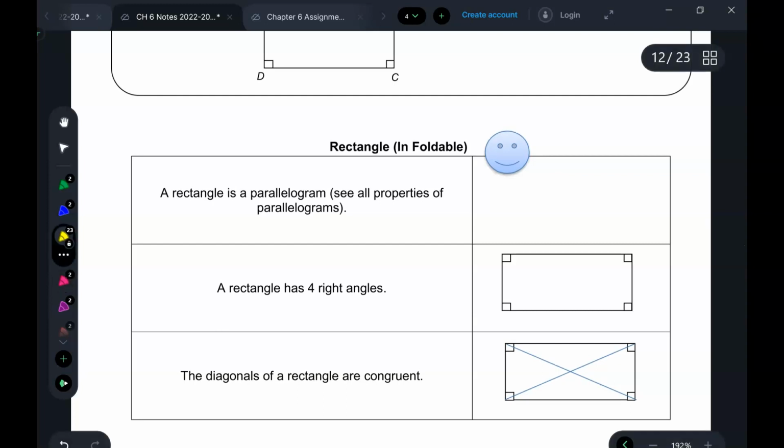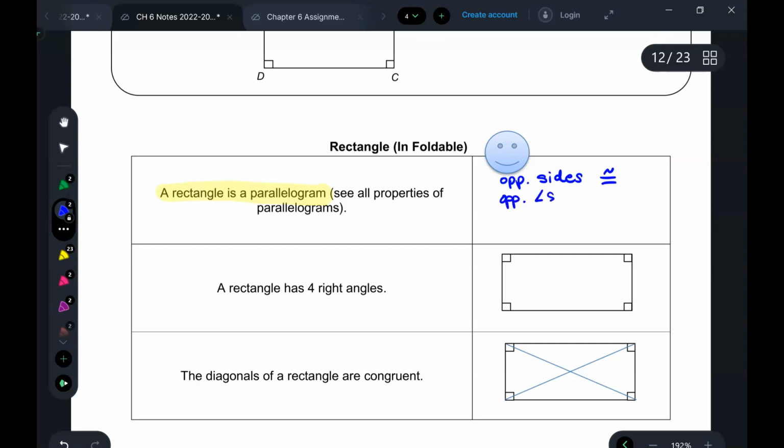So like I said, let me go through these first. So again, a rectangle is a parallelogram. Right? So again, what are the properties? Opposite sides are congruent.